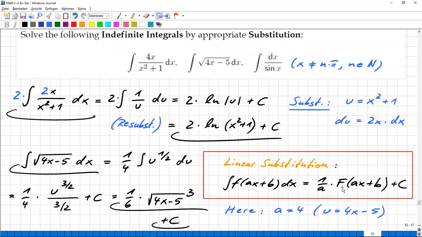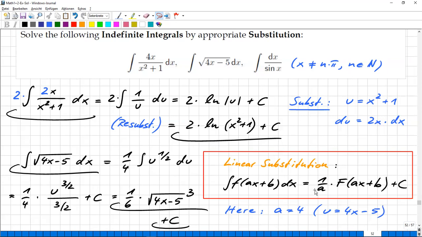You may do so, but you must be careful in two concerns. Firstly, always take the inner function over, so just keep it inside. And secondly, divide by the linear coefficient, because this is exactly what you need to do to make sure that the chain rule in the reverse direction is applied correctly.